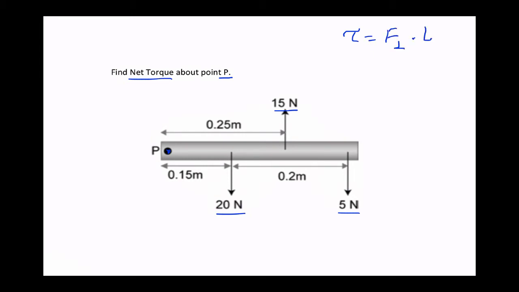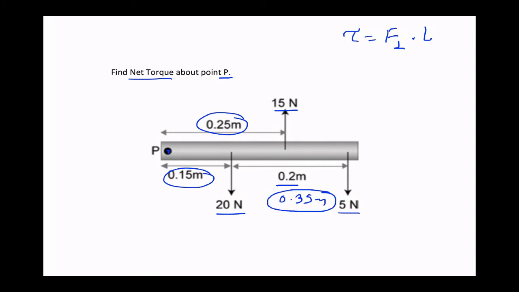We notice that all of these three forces are perpendicular to this rectangular object, so we do not need to break any of these forces into components. The lever arm for 15 Newton is 0.25, for 20 Newton it's 0.15, and for 5 Newton it is the sum of 0.2 and 0.15, so it would be 0.35 meters.